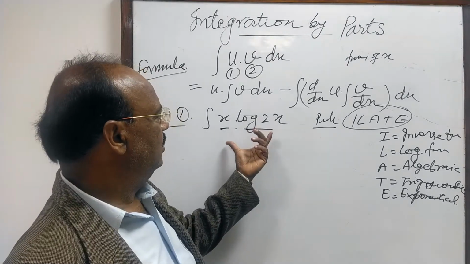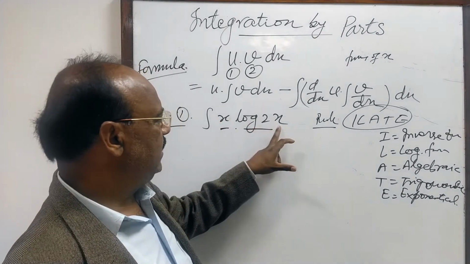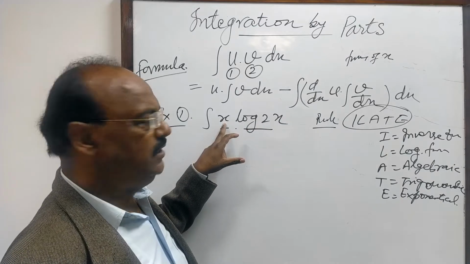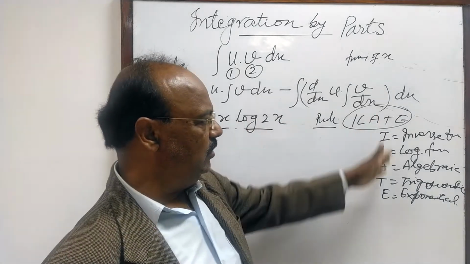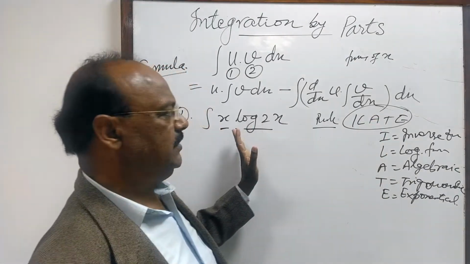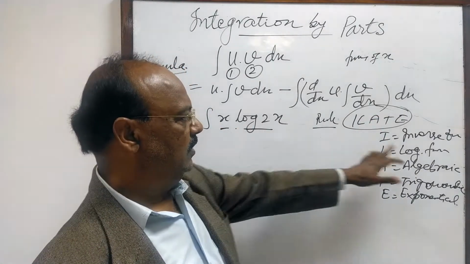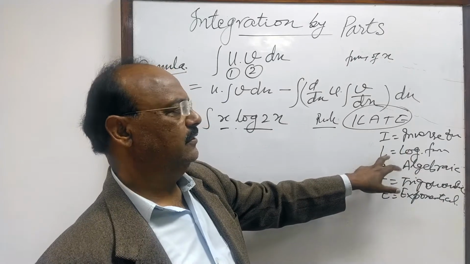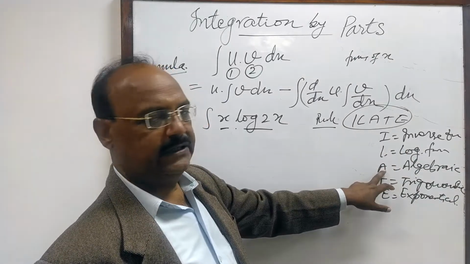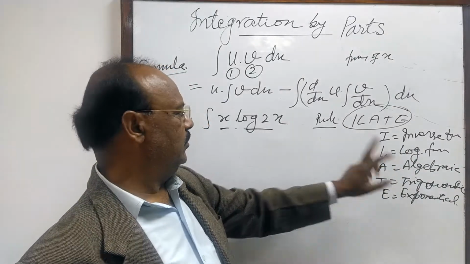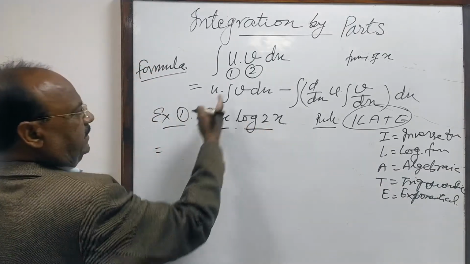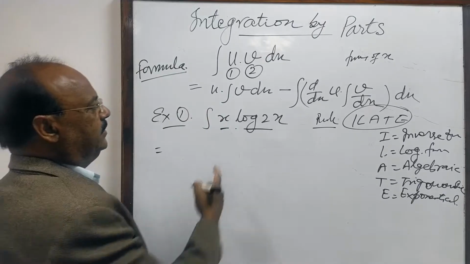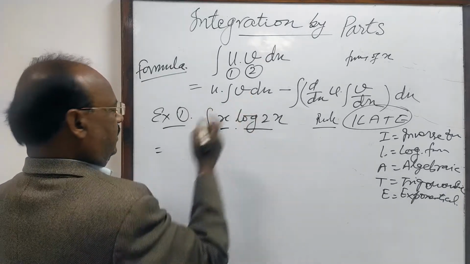In this case we have x and log 2x. So this is an algebraic function and this is a logarithmic function. According to this rule, which one should we take as the first function? Clearly the log function should be taken as the first function and the algebraic function as the second function. So log 2x will be the first function. By this formula we write first function, integral of second function.